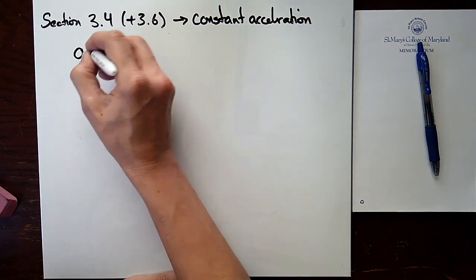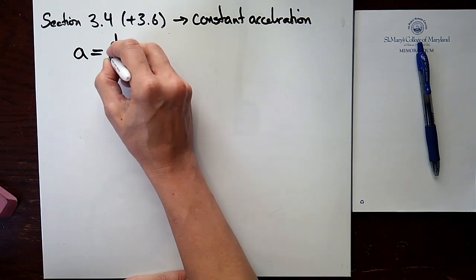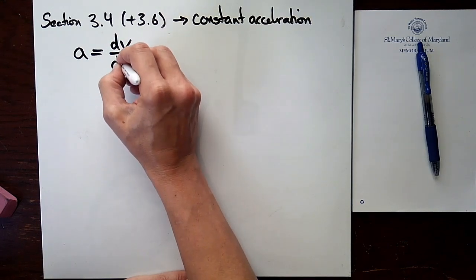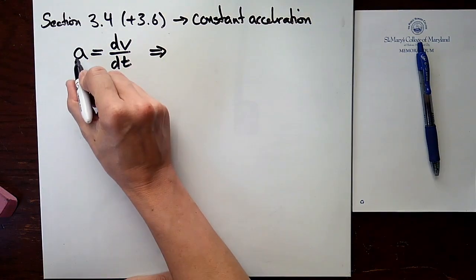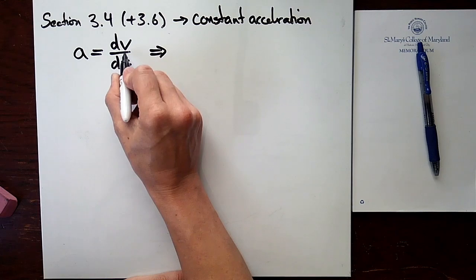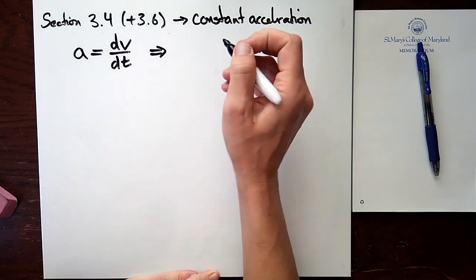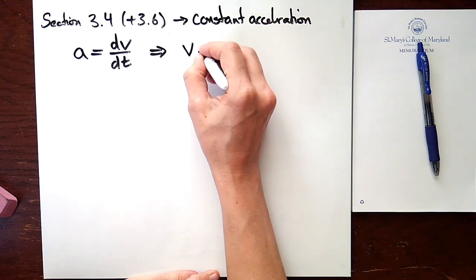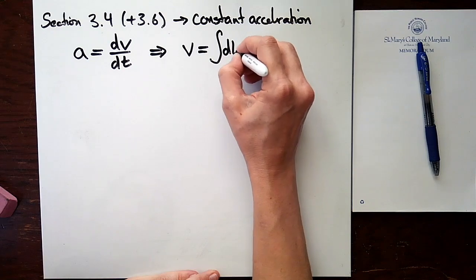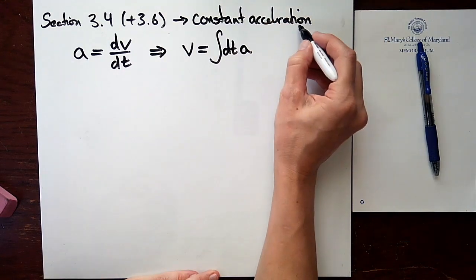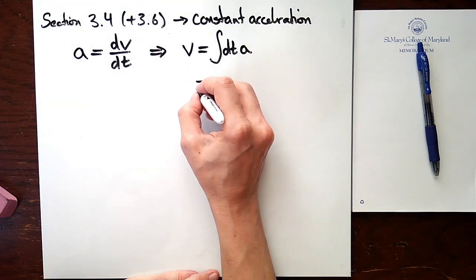Okay, so hopefully you all remember that acceleration is defined as the derivative of velocity with respect to time. And that means we're taking the derivative of velocity to get acceleration. So if we want velocity from acceleration, we're going to do the opposite of derivative, which is an antiderivative or an integral. So if acceleration is constant, we can go ahead and do this integral.